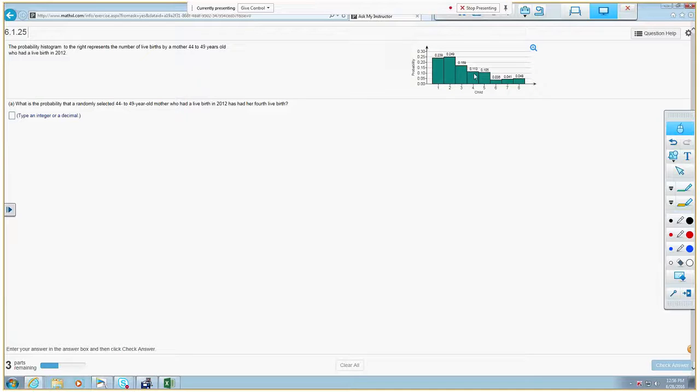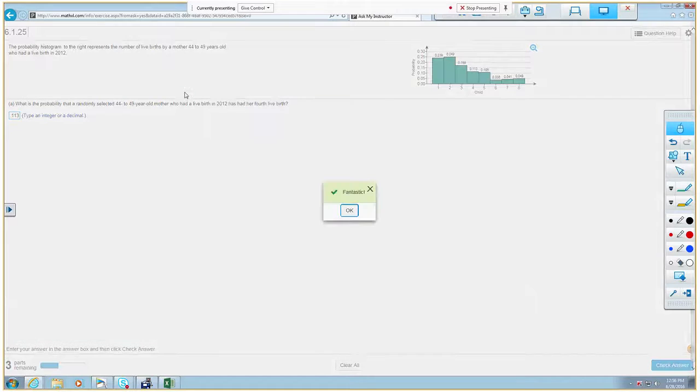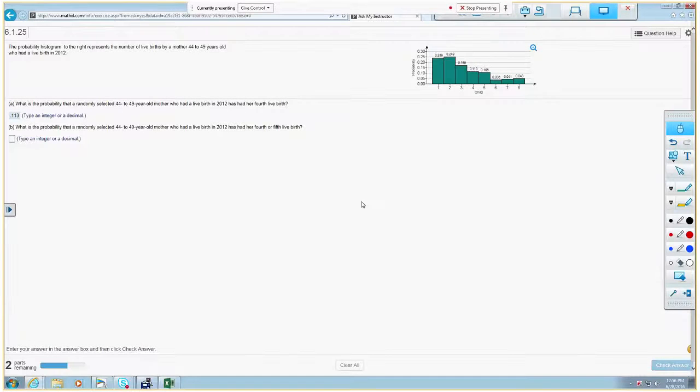The question asks, what is the probability that she had her fourth live birth? 4 births is 0.113. So you go to your handy dandy cursor and you type in 0.113. We're fantastic. Now, that's not it. I'm not going to read all this. Don't read that.